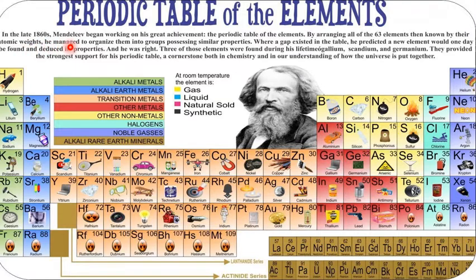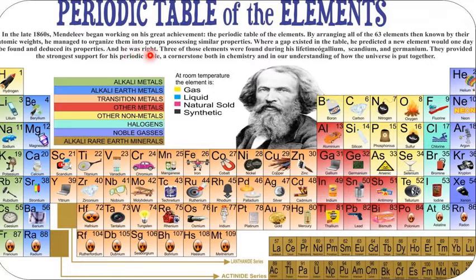He managed to organize them into groups possessing similar properties. Where a gap exists in the table, he predicted a new element would one day be found and deduced its properties.